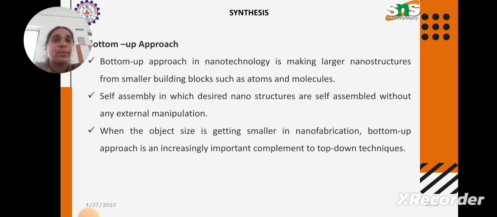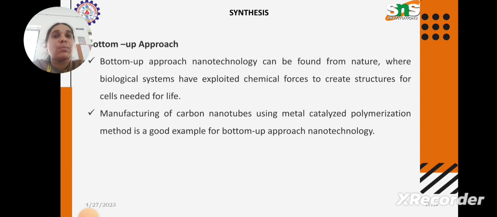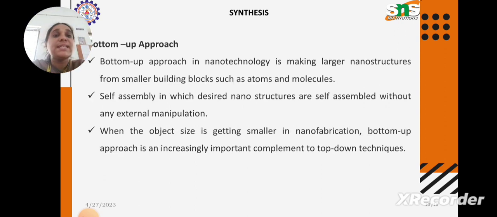In the bottom-up approach, nanotechnology is making larger nanostructures from smaller building blocks such as atoms and molecules. In self-assembly, the desired nanostructure is assembled without external manipulation. When the object size gets smaller in nanofabrication, the bottom-up approach becomes increasingly important compared to the top-down technique.